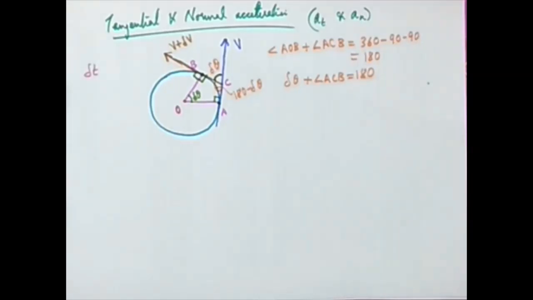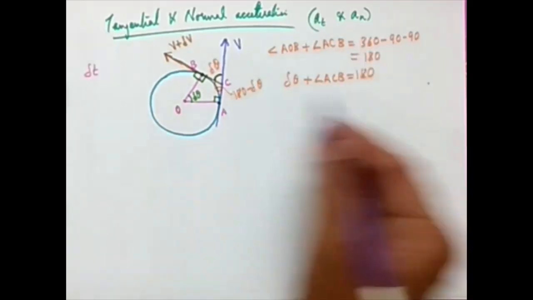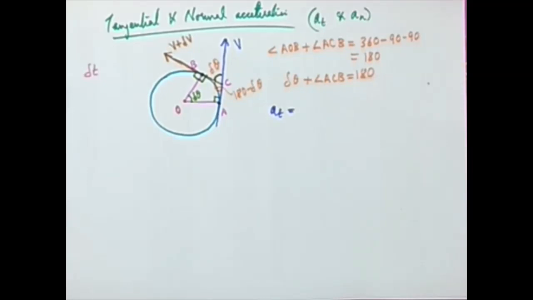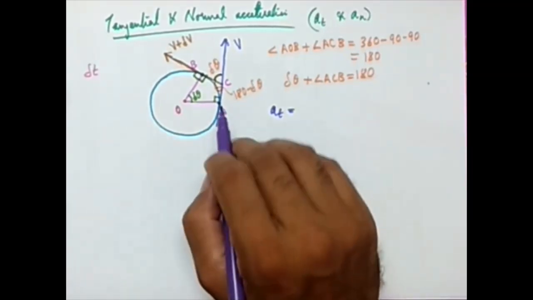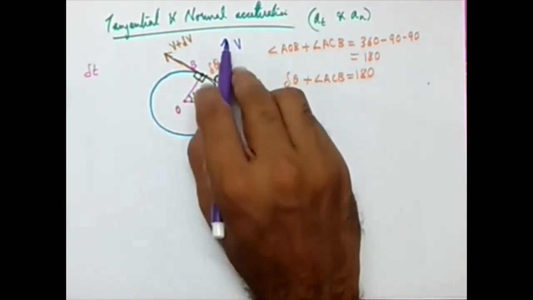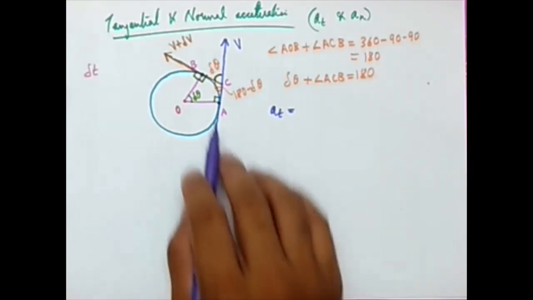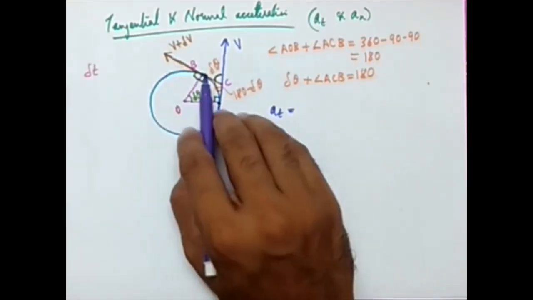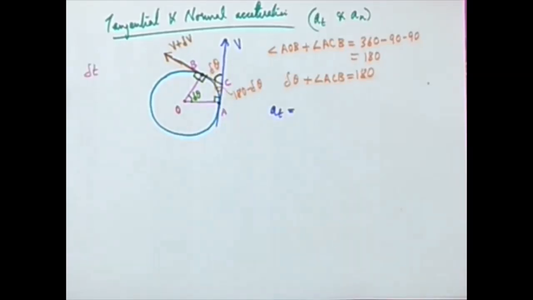Now I'm going to simply consider the acceleration in the tangential direction. So what is acceleration? Acceleration is the rate of change of velocity, right? So I'm going to calculate the value AT, that is the rate of change of velocity. The initial velocity was v in this direction. What is the final velocity in this direction? It is v plus delta v cos delta theta, right?